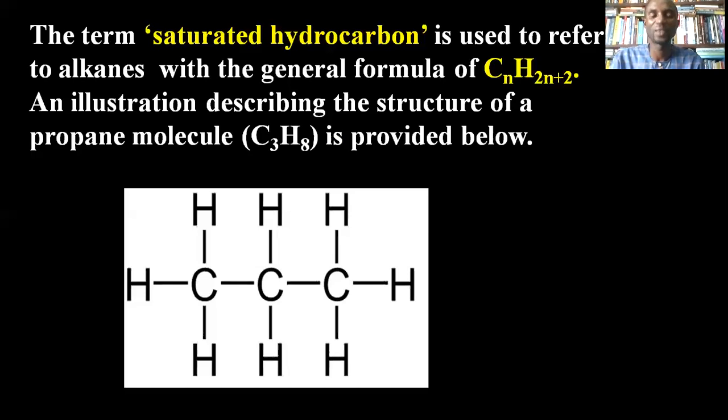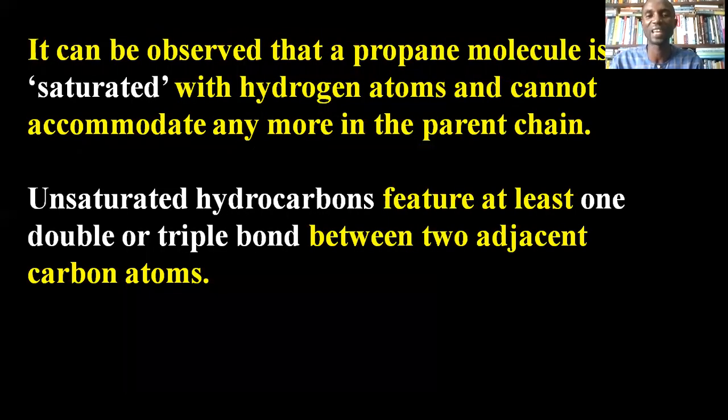From that picture, you observe that a propane molecule is saturated with hydrogen atoms and cannot accommodate any more atoms in the parent chain, in that straight chain, unless one replaces another, but it has been bonded completely.